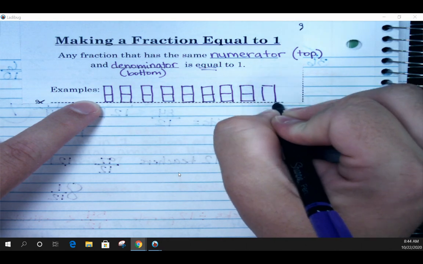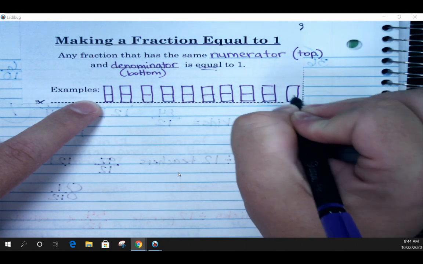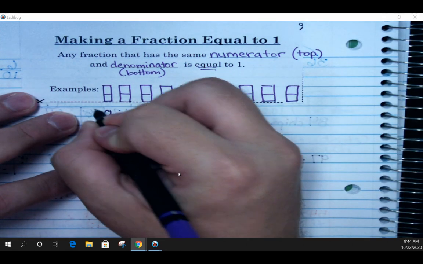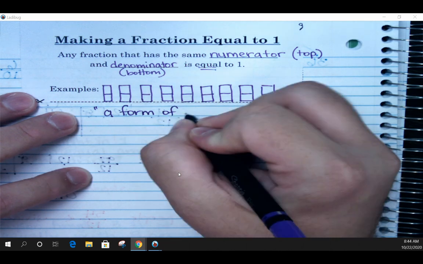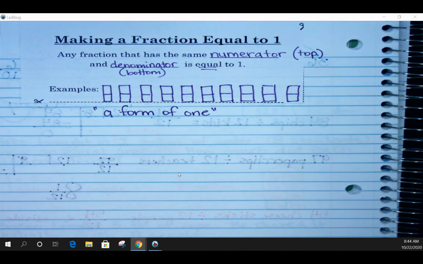I'm drawing 10 of them. And I'm going to write right here a form of 1. Because you're going to hear me say that over and over. A form of 1. A form of 1.